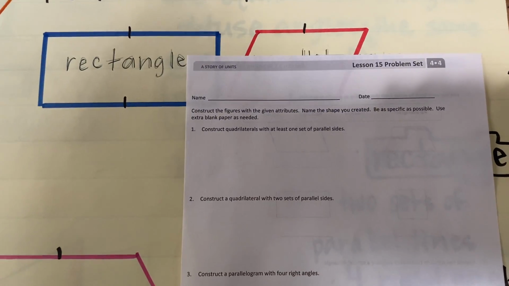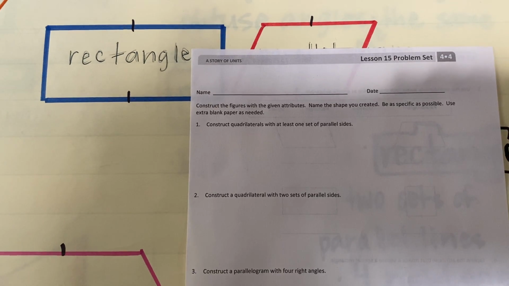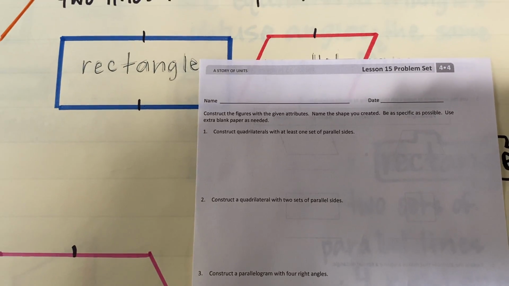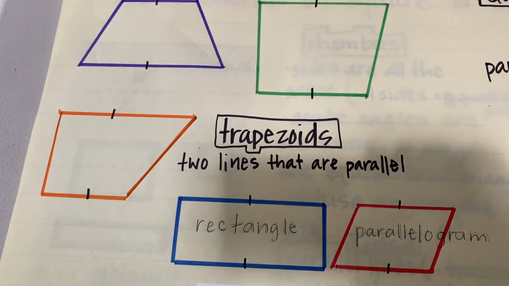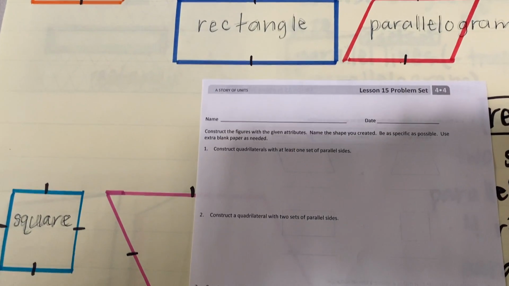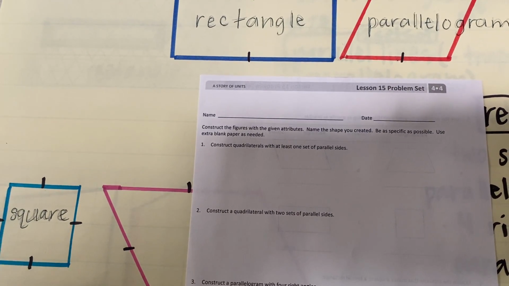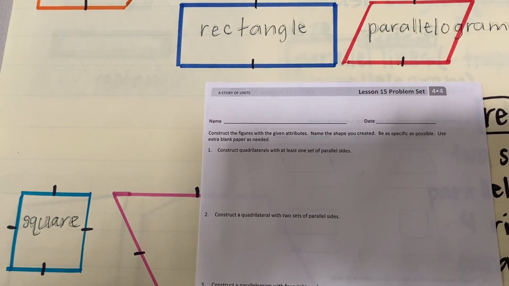Okay? So your first problem set is to construct quadrilaterals with at least one set of parallel sides. What are those? Those are our trapezoids. So look at a trapezoid, draw a trapezoid. You have a quadrilateral that has a four-sided shape with one set of parallel lines.